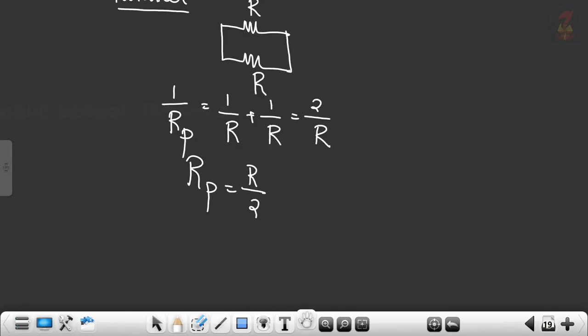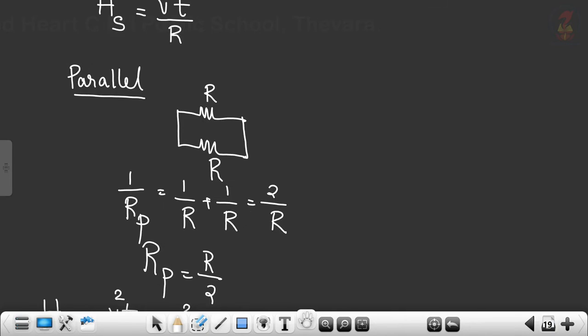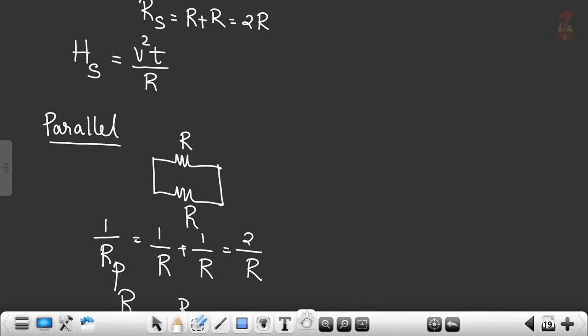Now, heat developed in the parallel combination of these two resistors, we will write it as Hp, that is equal to V square T by Rp, so V square T by R by 2. And heat developed in the series combination, Hs, is equal to V square T by Rs, that is equal to V square T by 2R.